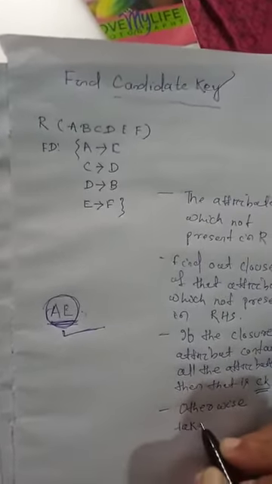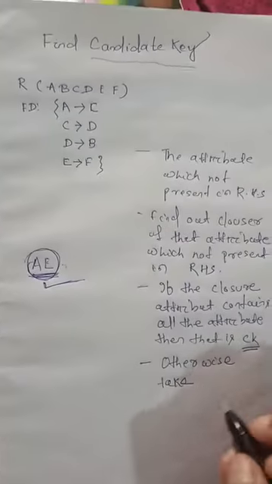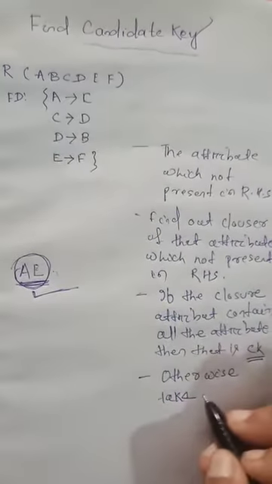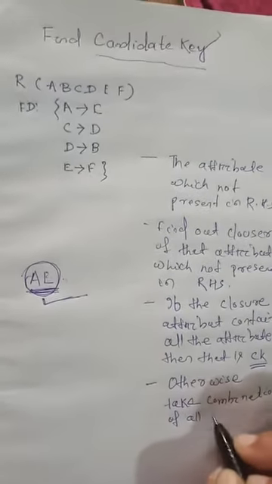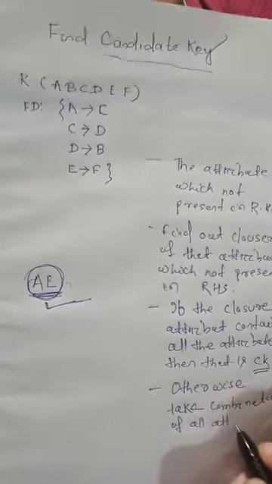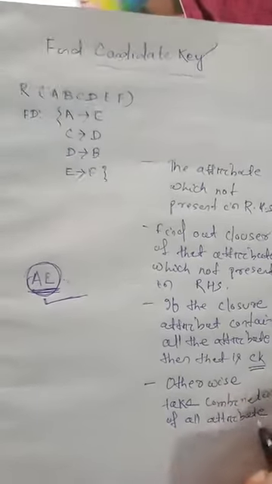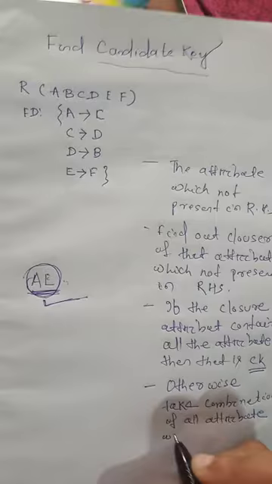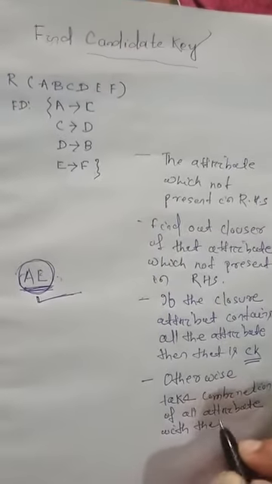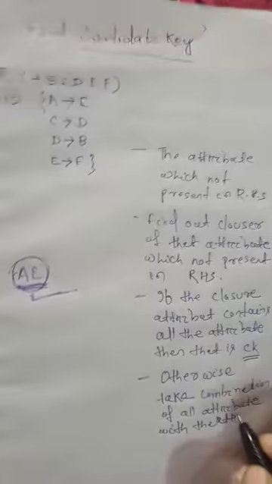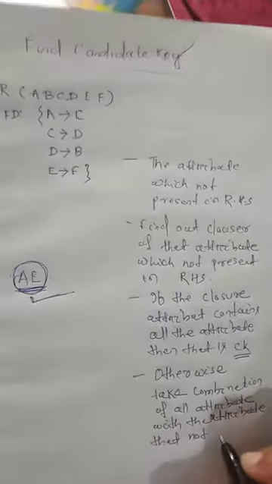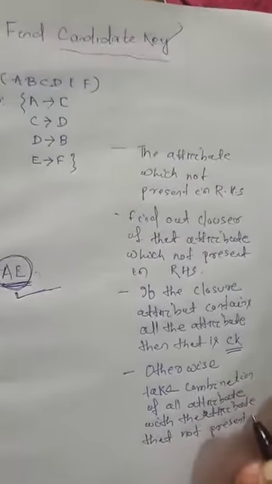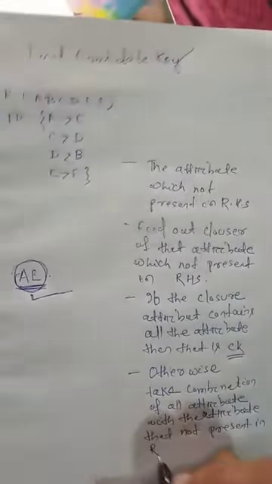take the combination of all attributes with the attributes that are not present in the RHS.